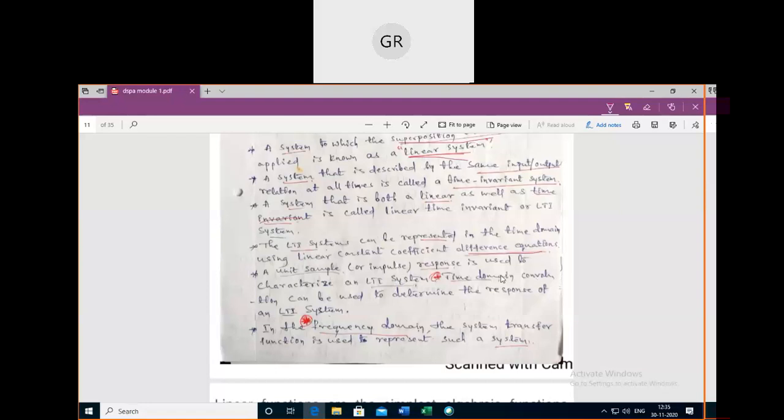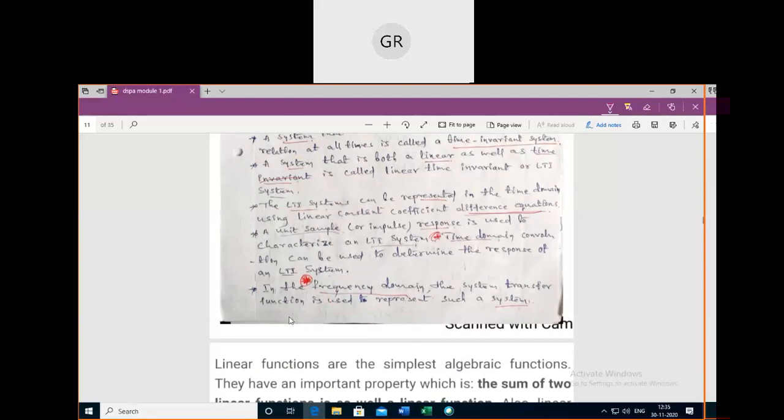Here time domain convolution can be used to determine the response of an LTI system in the time domain. In the frequency domain, the system transfer function is used to represent a system.